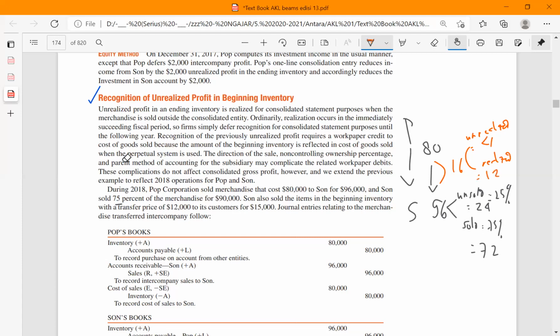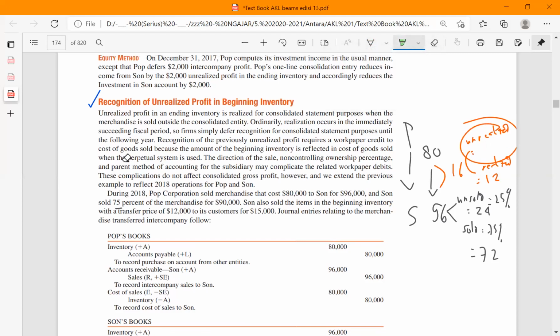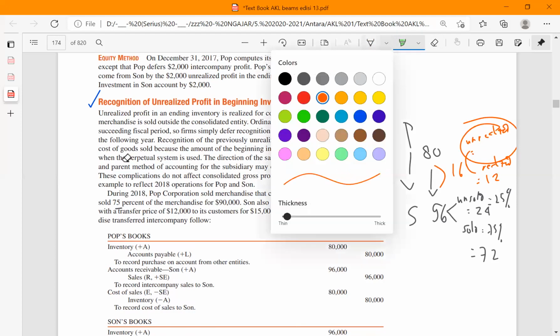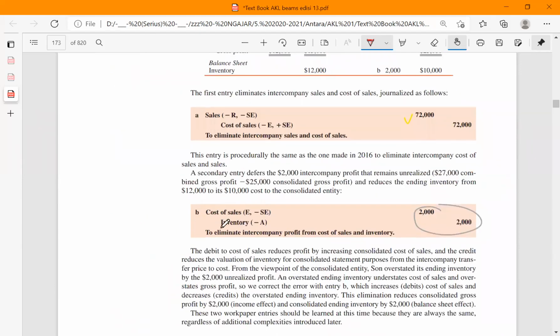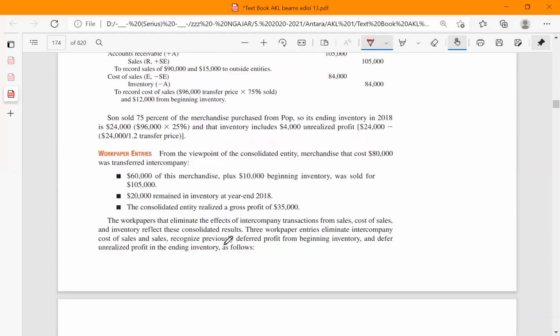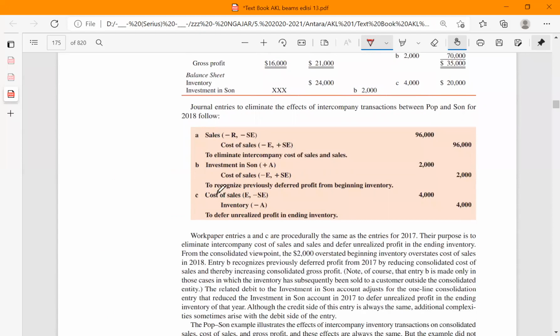So we got the number that we also have to journalize like in the previous case, that we should also make the second journal entry related to the unrealized profit here, using the same journal entry as before, cost of sales on inventory. So take a look at this number.